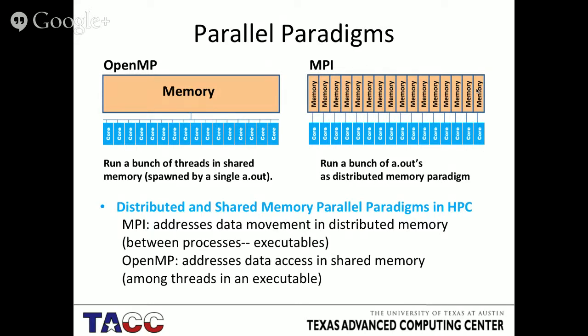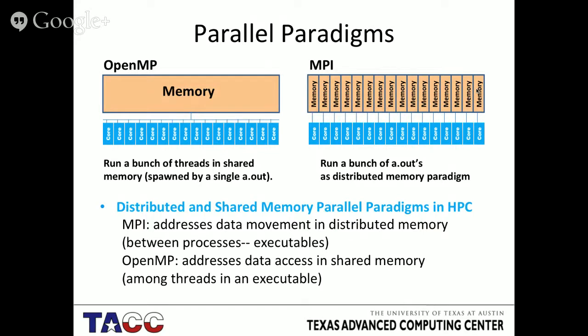Then you have the distributed parallelism model, which is mostly used with MPI, the message passing interface, where each core has its own private section of memory. It can access that memory only, and when it needs to communicate with other tasks, it needs to send an explicit message saying, hey, I want to receive this amount of data.